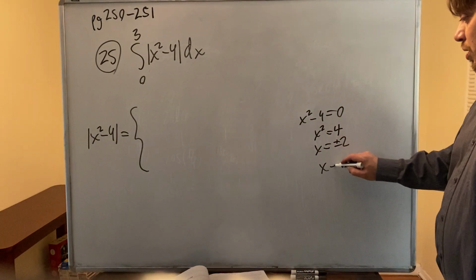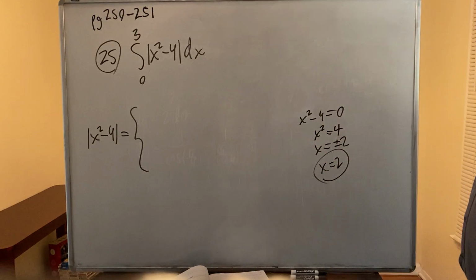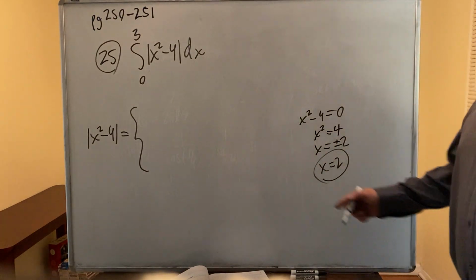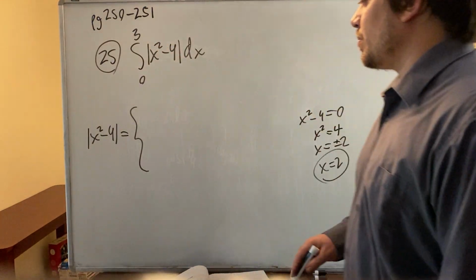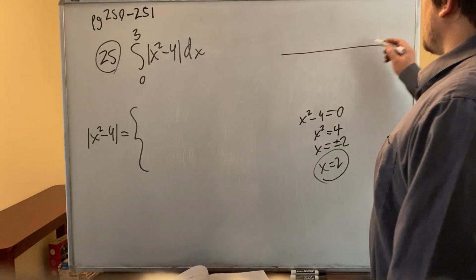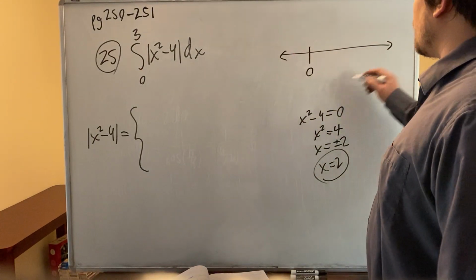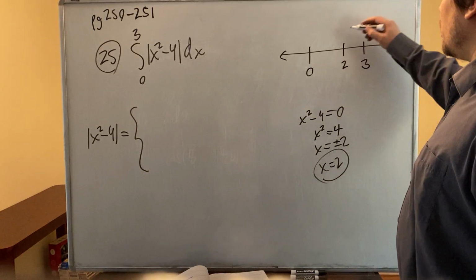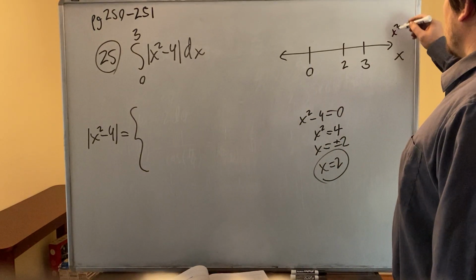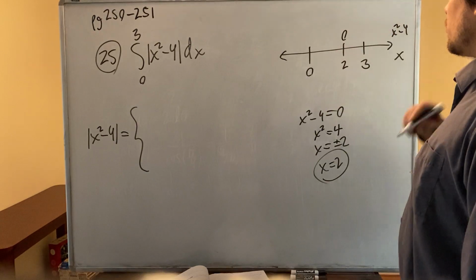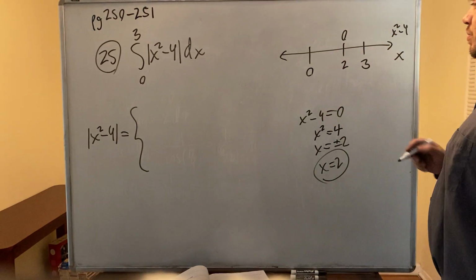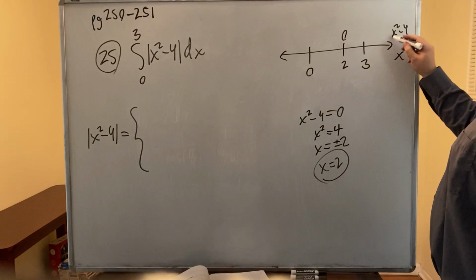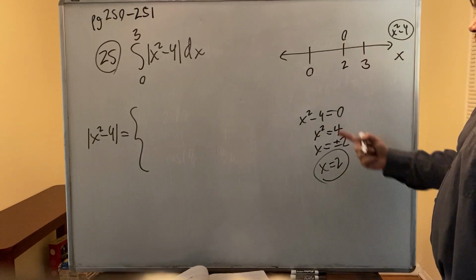So we're left with x equals 2. x equals 2 is the only x value from 0 to 3 where that's 0. And so if you look at the number line, if you go from x equals 0 to x equals 3, when x equals 2, the y value, x squared minus 4, is 0. When x is 2, the value of this expression is 0.